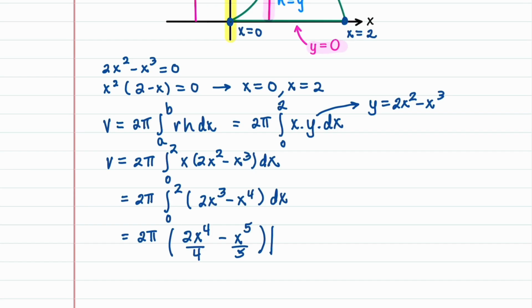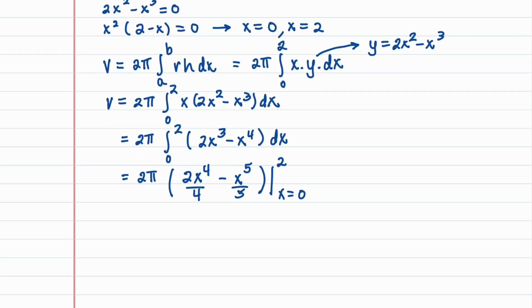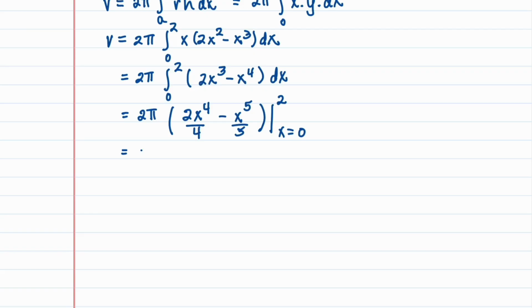And we're integrating this from x is 0 to x is equal to 2. Now let's substitute in that x is equal to 2. So we have 2 times 2 to the fourth all over 4 minus 2 to the fifth over 5, and then we subtract off 0.